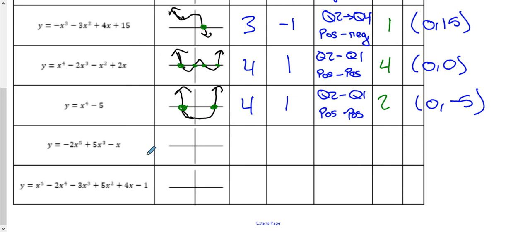There we go. This second to last one here is exponent 5, so it's going to look kind of funky, so hear me out. It's going to start up here, dip down, right back up. Oop, my graph is not working out.